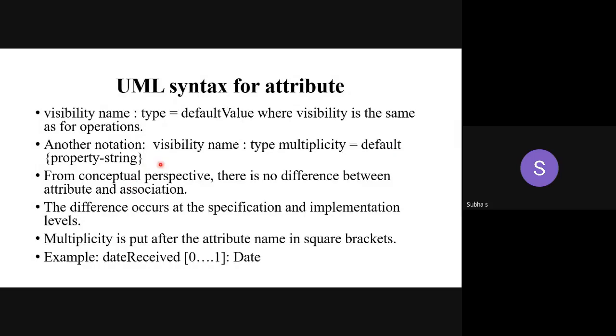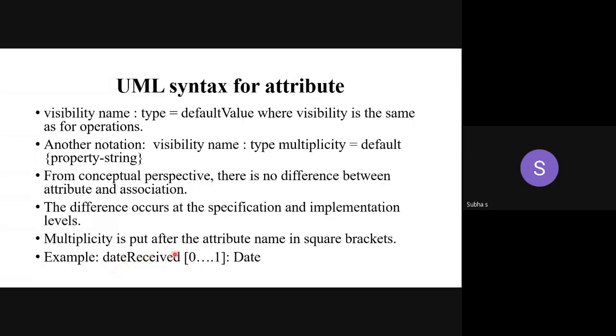Let's move to this example directly, then we come to the third point. For example, dateReceived. This is the attribute name. As told, you have to start with a lowercase letter only. Later you can have uppercase, but there is no space. The same rule that is followed for an identifier is applicable for the name of the class, the name of the attribute, and the name of the operations also.